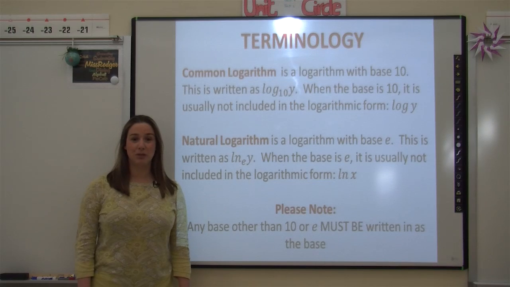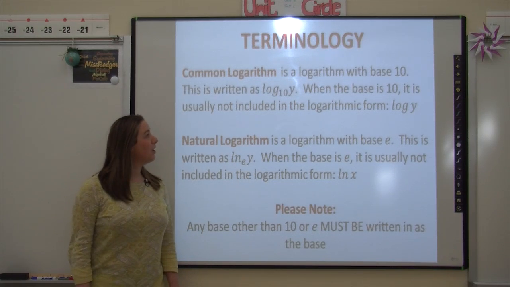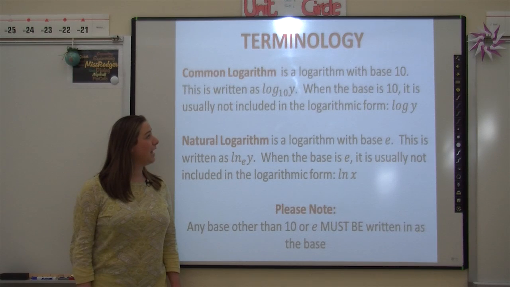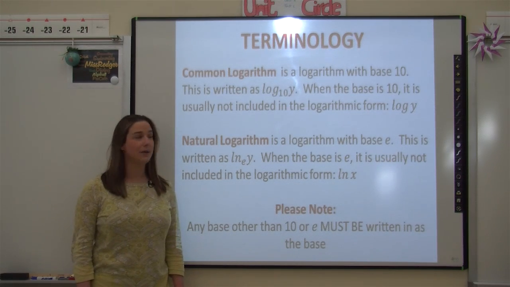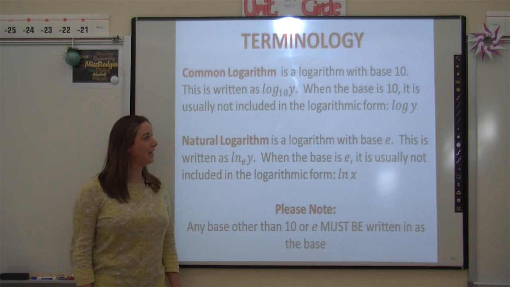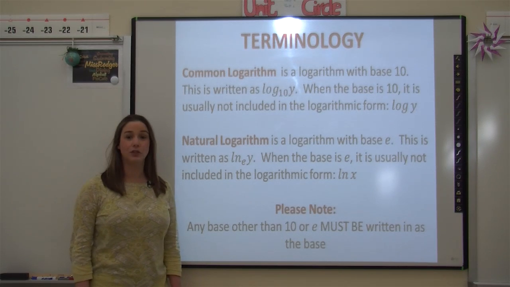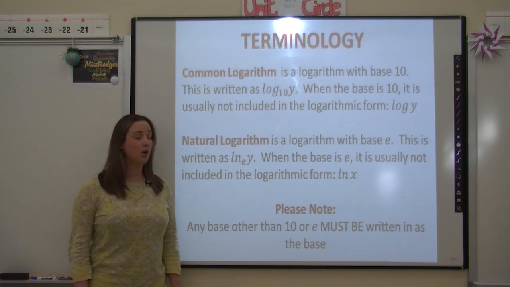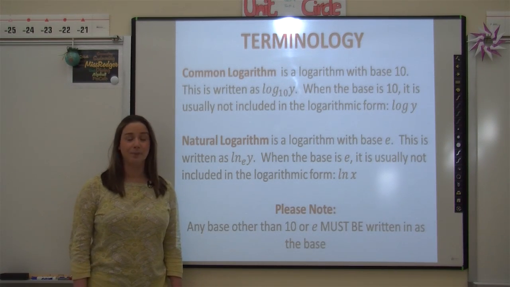Let's take a look at some terminology. A common logarithm is a logarithm with base 10. This is written as log base 10 of y. Since it's a common logarithm, we typically don't write the base 10 since it's assumed, and we would just write log of y. A natural logarithm is a logarithm with base e.